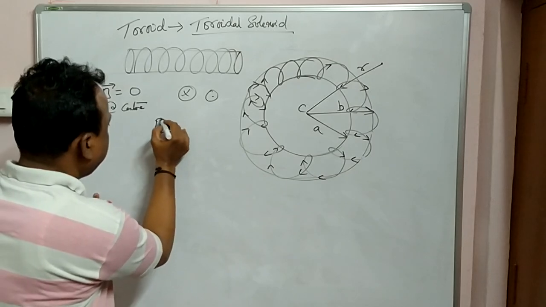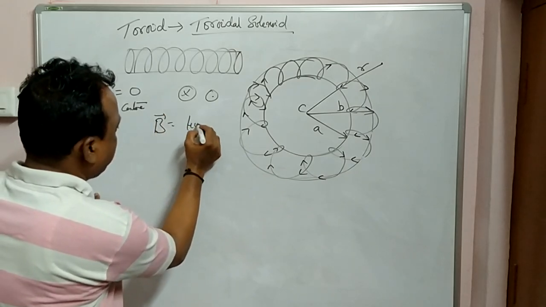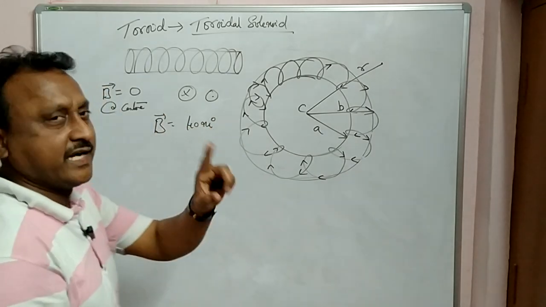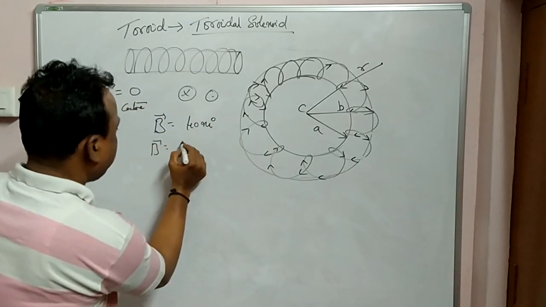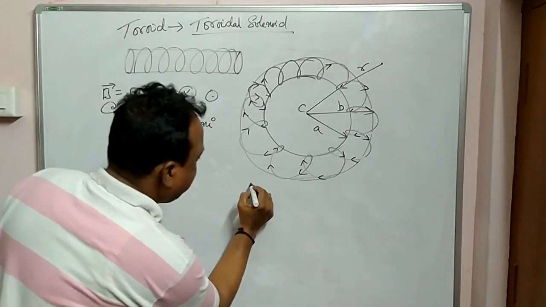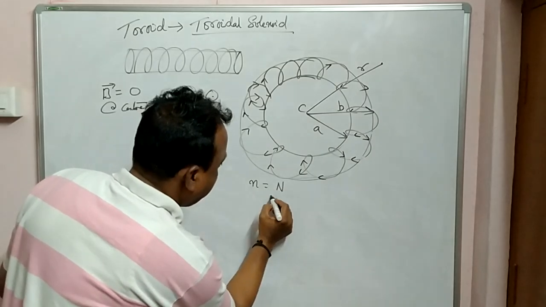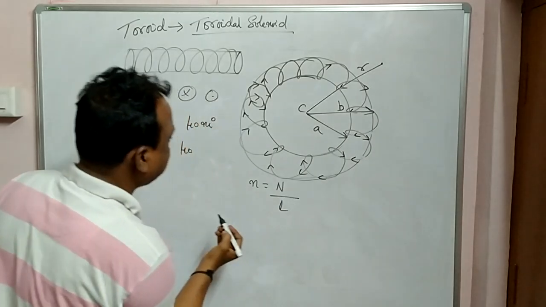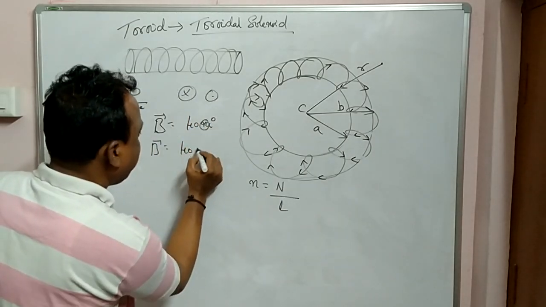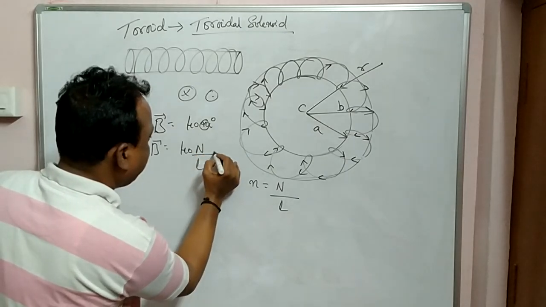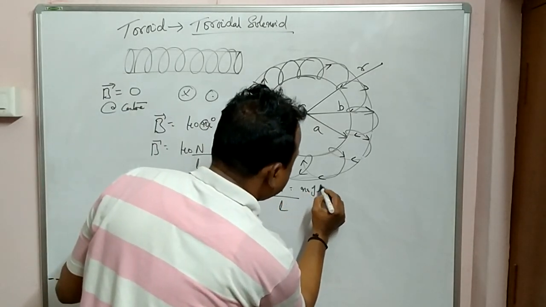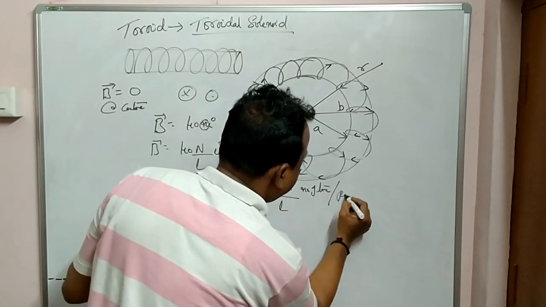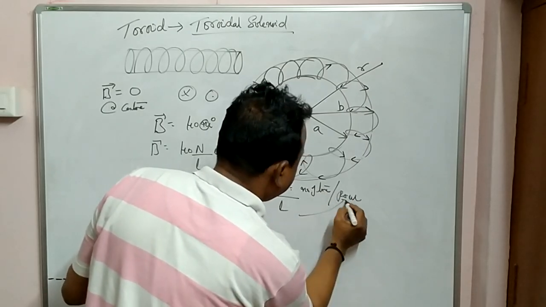The formula is the same as the solenoid, mu naught n i. The only difference for the toroid is this: here n means the number of turns divided by length, so in place of small n, we write capital N by L into I. Here N is the number of turns, and L is the length.